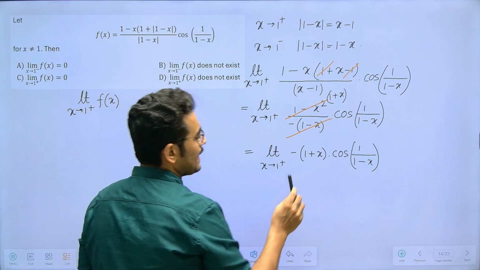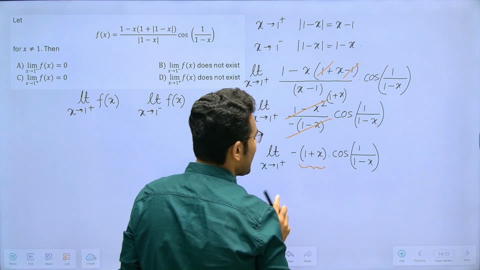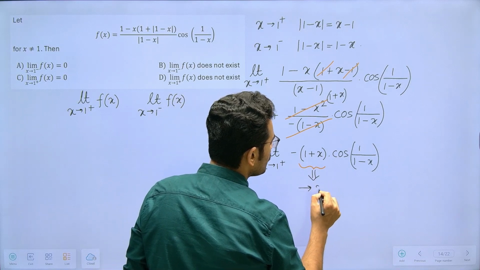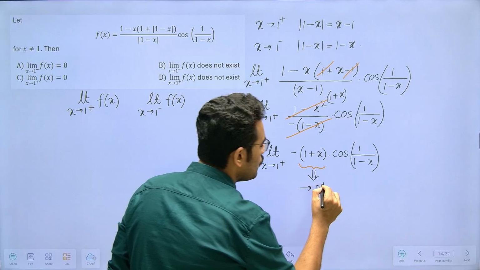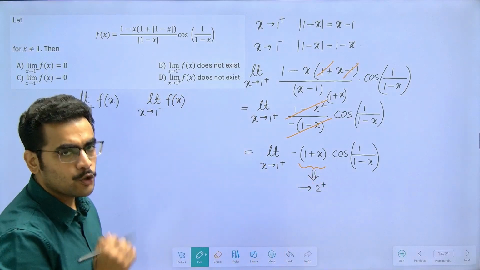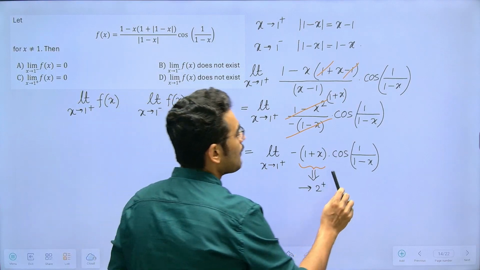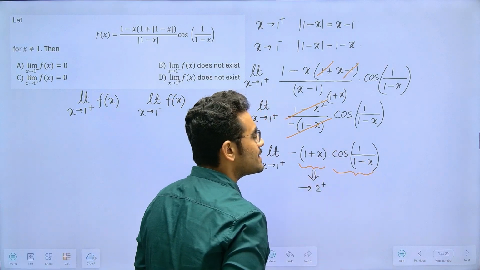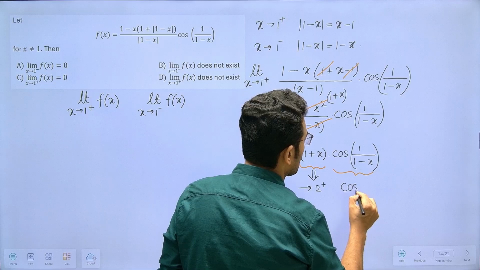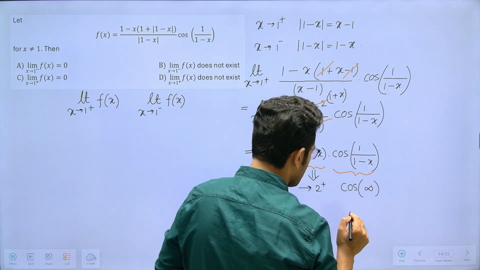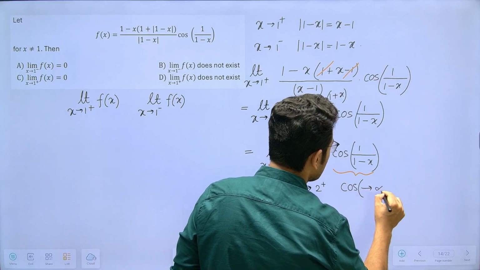Now, here you have to analyze that as x tends to 1 plus, 1 plus x is tending to 2 plus. It is slightly more than 2. So, in the neighborhood of 2, it is more than 2. But what is happening to cos of 1 by 1 minus x? This is of the form cos of infinity. This is cos of an angle which is tending to infinity.